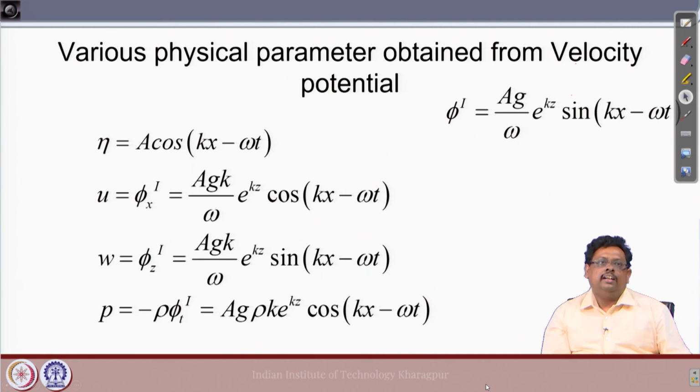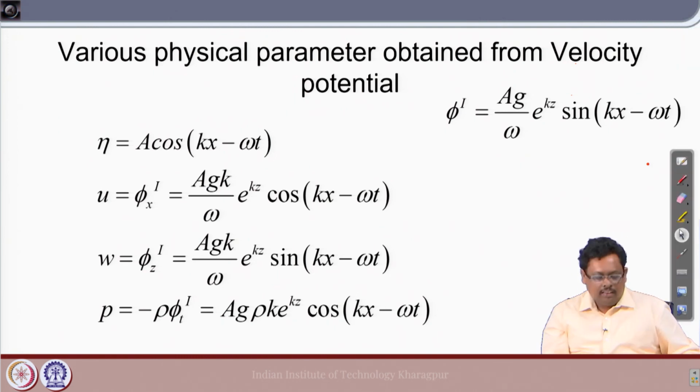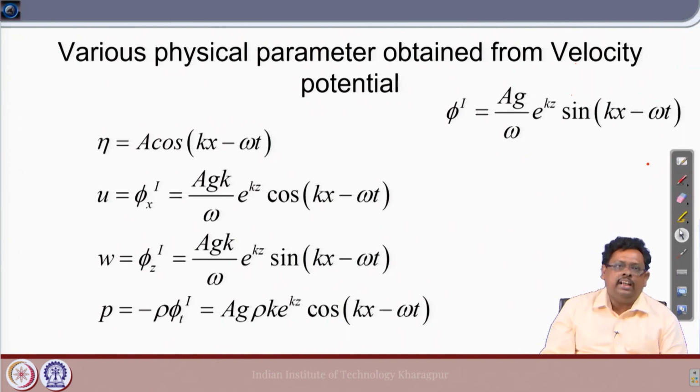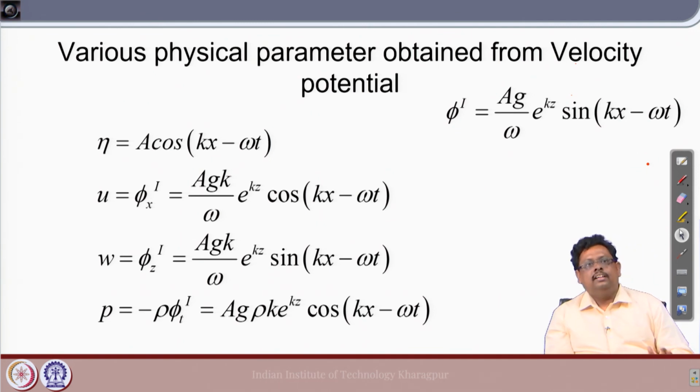Now, let us see how I can find the various physical parameters from this velocity potential phi I equal to a g by omega e to the power k z sin(k x minus omega t). Here eta equals a cos(k x minus omega t), and then I can get the velocity in the horizontal direction, which is del phi del x, and this is the expression for it.